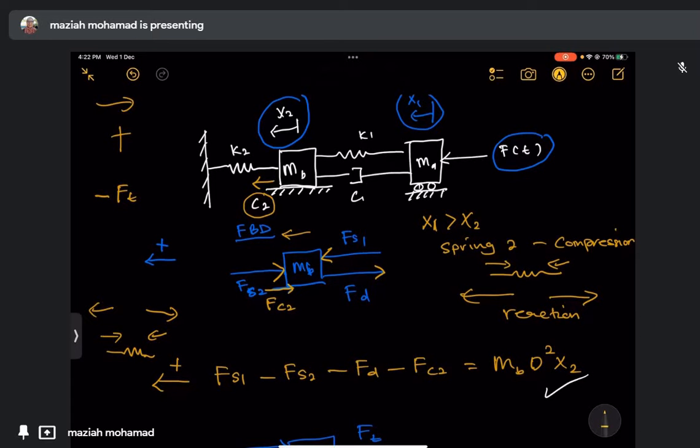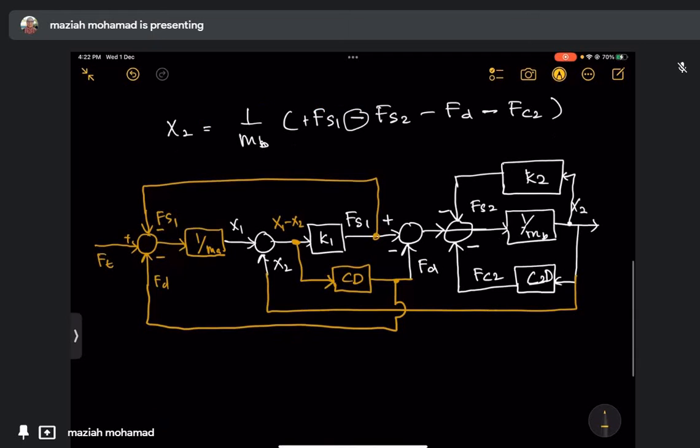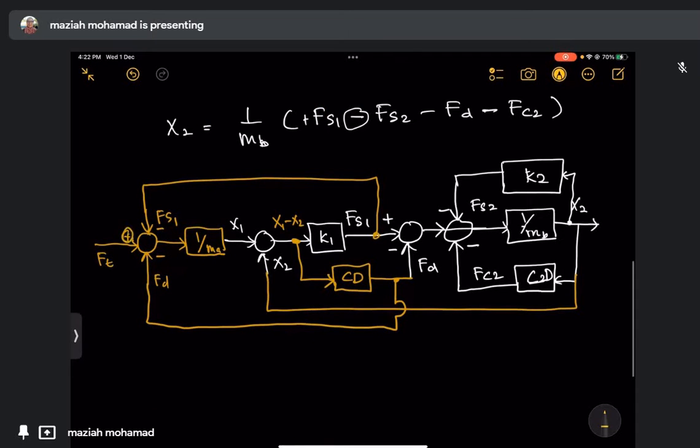Okay, so that is not wrong. You can still assume the direction to the right is positive. The difference is only here. Instead of positive here, it will become negative.